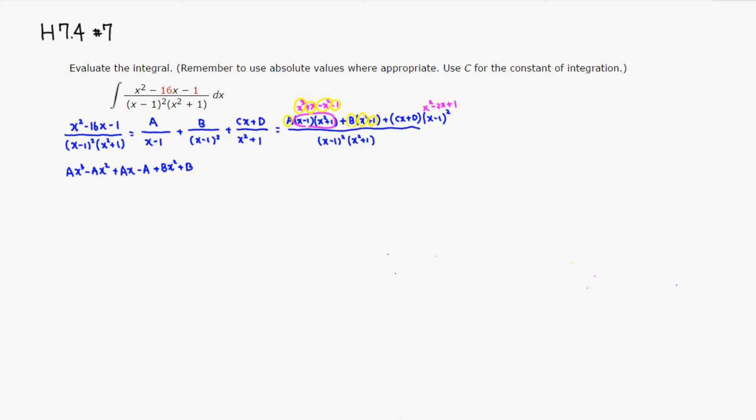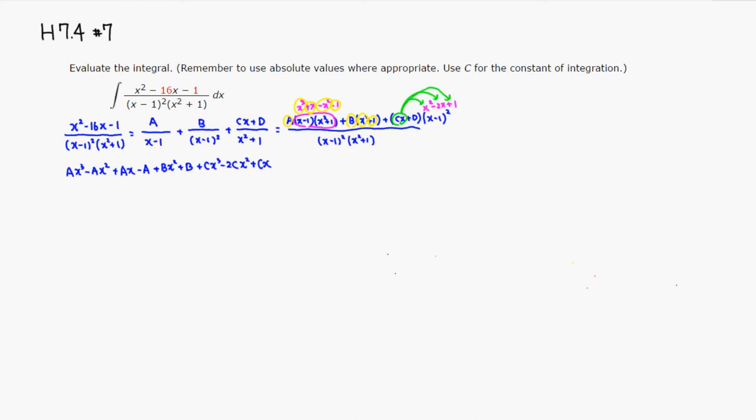Then you have cx distributed: cx cubed minus 2cx squared plus cx. So we distributed this to all three terms.